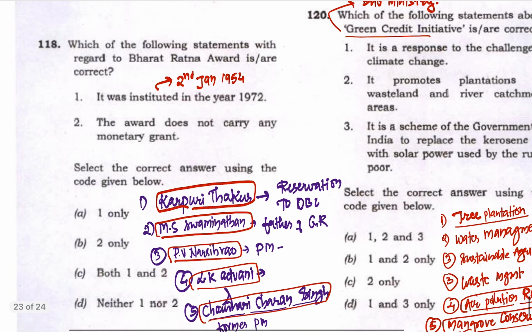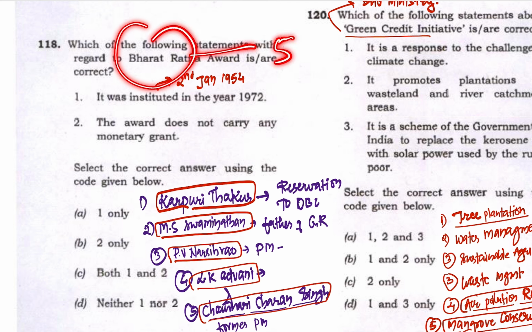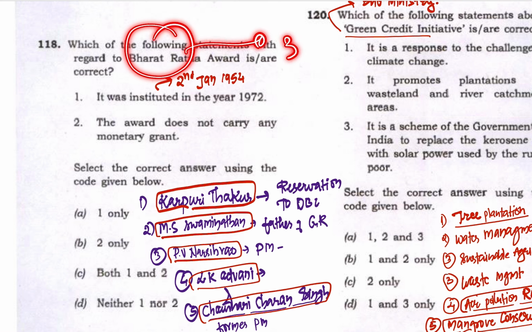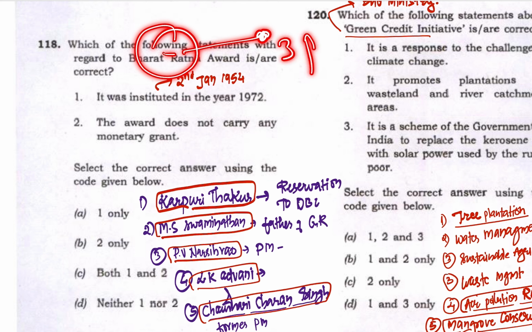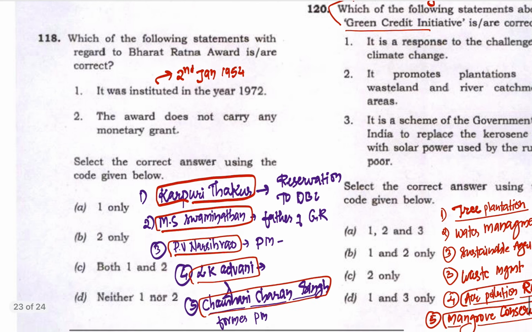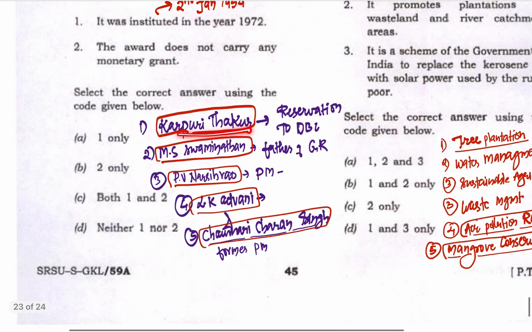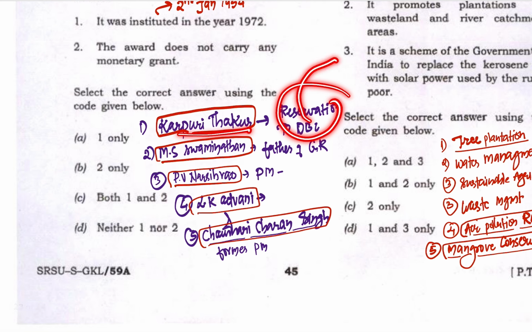Now, recently the Government of India announced the Bharat Ratna for 5 dignitaries. Usually Bharat Ratna is awarded to only 3 people each time, but this time the Government of India has broken that protocol and announced the Bharat Ratna for 5 people. Of those 5, we have Karpuri Thakur, who was famous for reservation for the OBC.